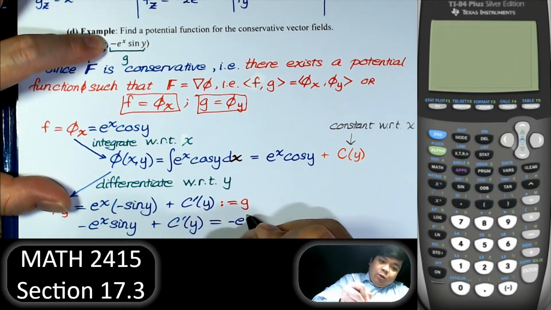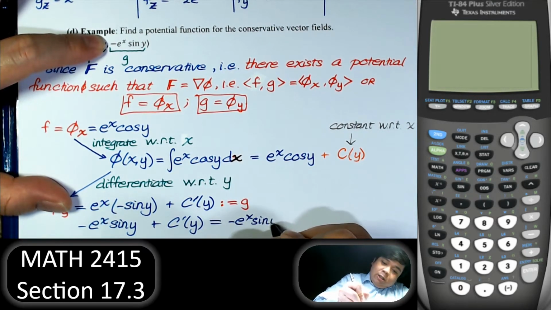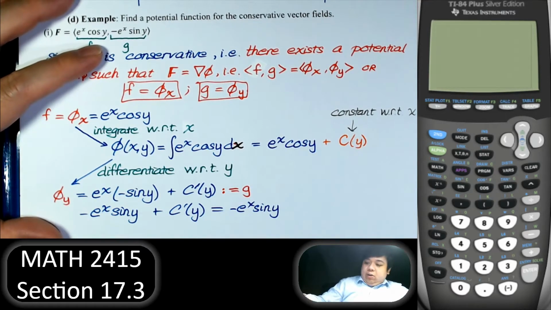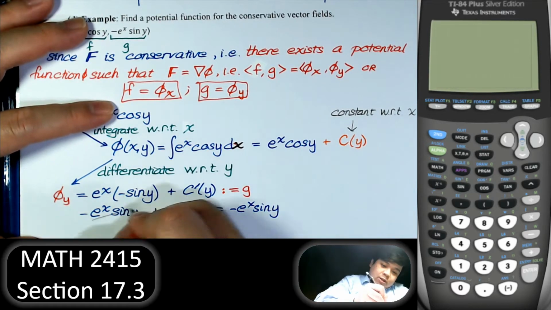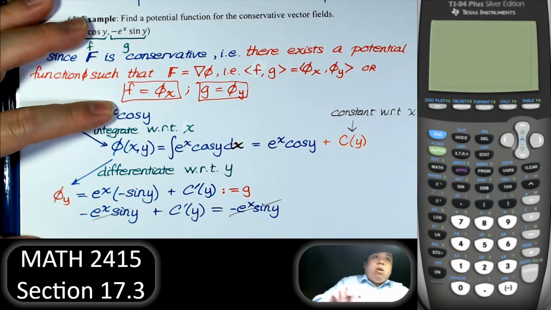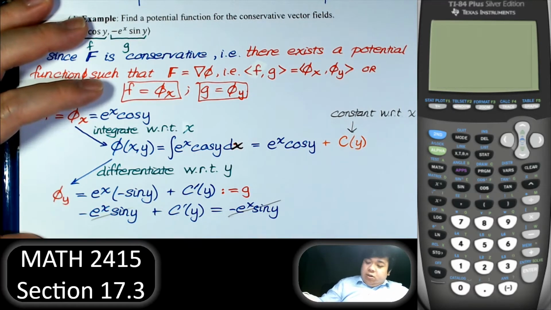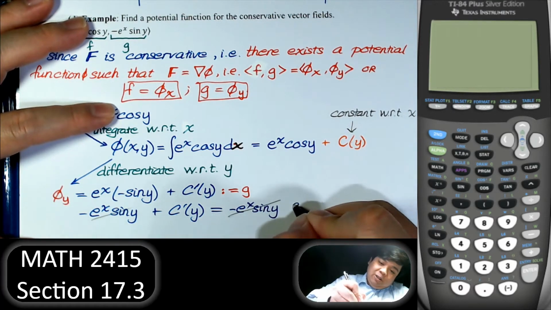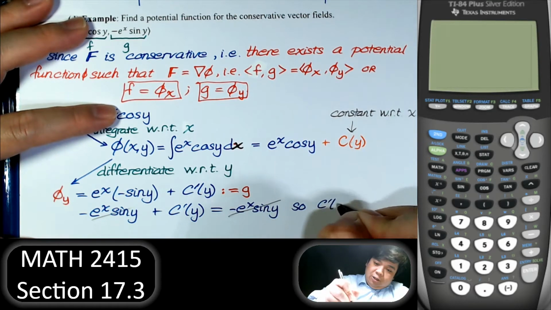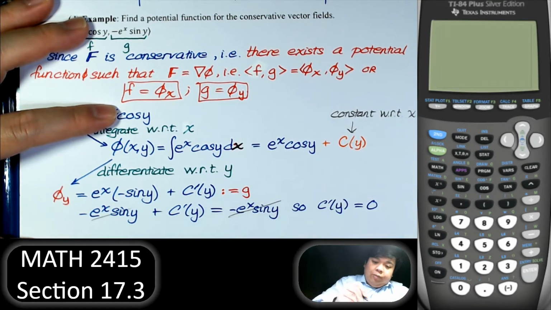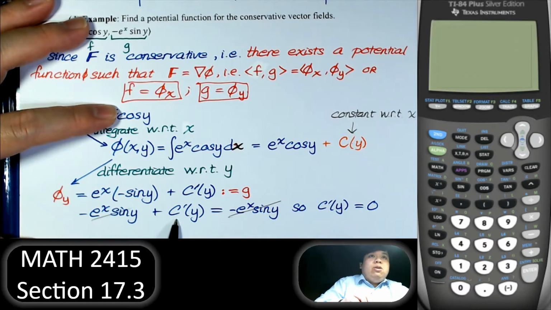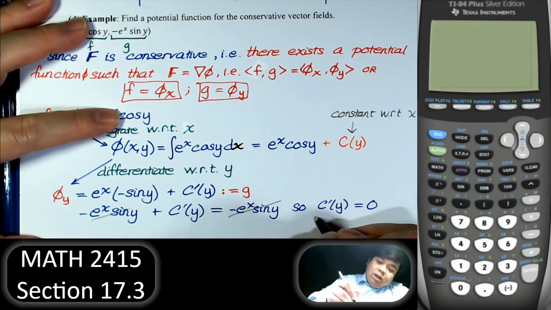negative e to the x sine y. Now those two are equal, we can cross them out. So c prime of y is equal to 0. If that is equal to 0, that means the function is constant.